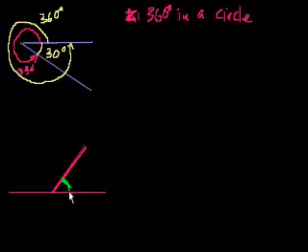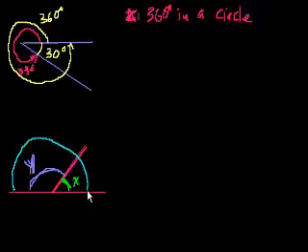So if we have this angle, let's call it x. And then this angle is y. What do we know about the relationship between x and y? Well, we know that the entire angle is half of a circle, right? So that's 180 degrees, this entire angle.